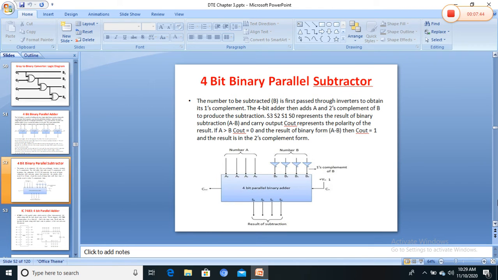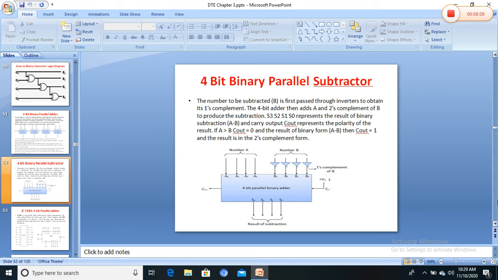In this 4-bit subtractor, there is a 4-bit parallel adder as shown in this diagram, but the number to be subtracted, B, is first passed through the inverter to obtain the ones complement, and one inverter per bit of the word is used so that all the bits get inverted.